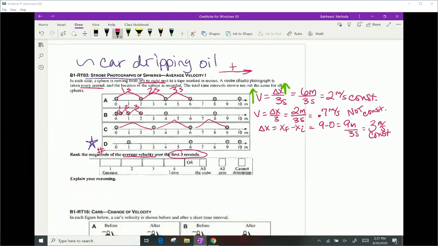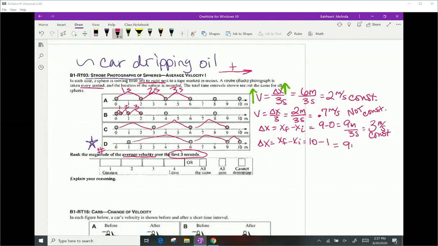D, I warned you there was something different about it. Let's talk displacement. Again, final minus initial. So it starts at 1 meter, a little bit of a head start. There's 1 second, 2 second, 3 second. So its final position is 10 minus initial position of 1.